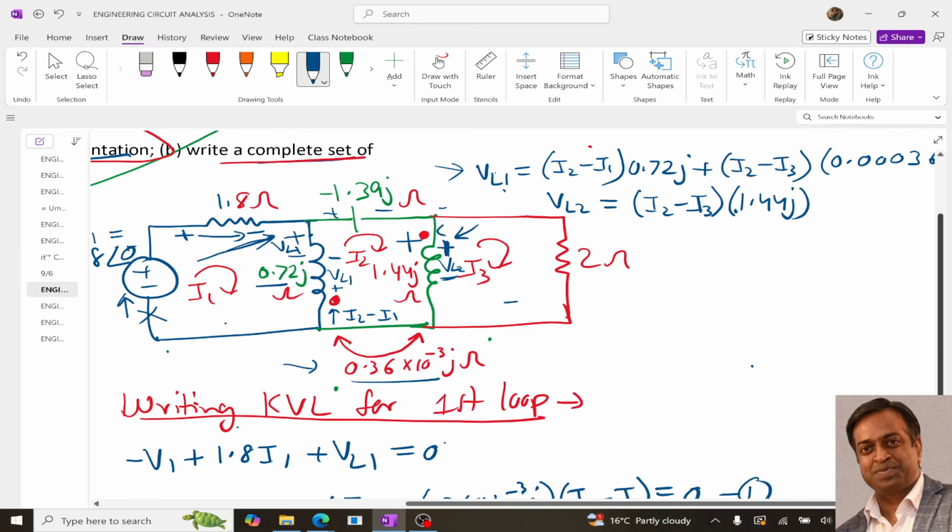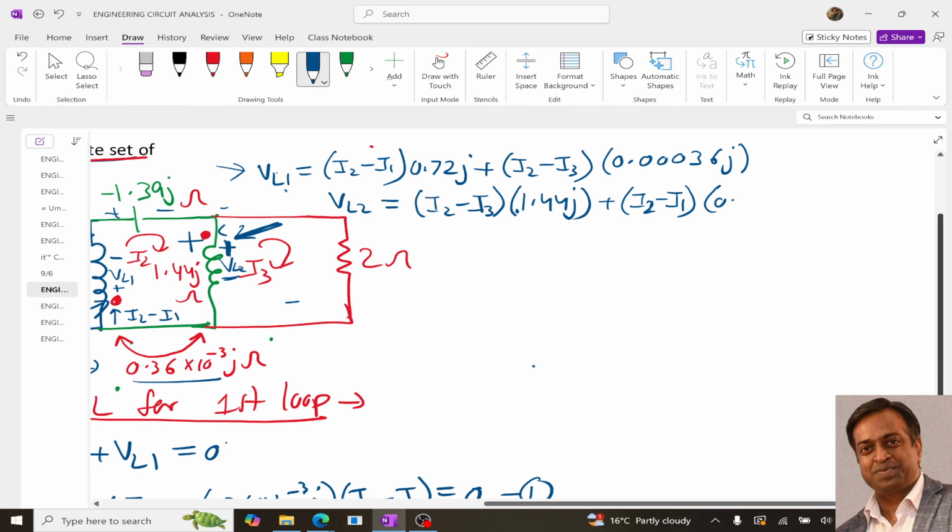If I2 minus I1 is entering through this dot, then the positive terminal will be induced over here. So it will be I2 minus I1 into the mutual inductance, which is 0.00036J, right? Now substituting this VL1 and VL2 in the equation, what will we get?